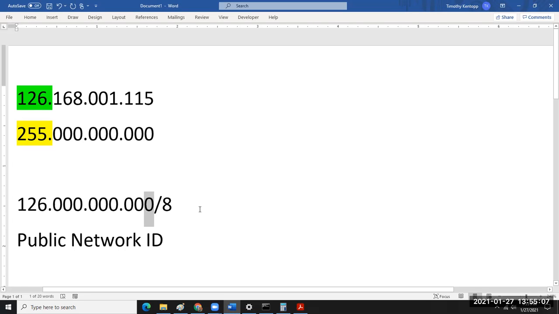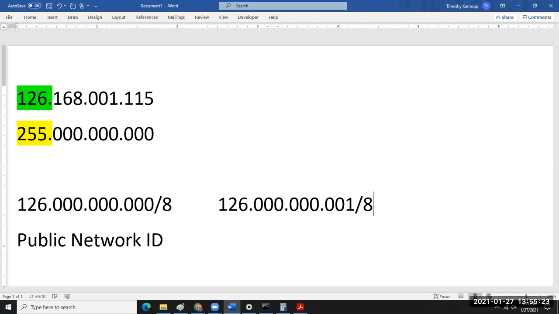So what am I saying? I'm going to do this. And that's a /8 subnet mask. And I'm going to say that's my gateway address.